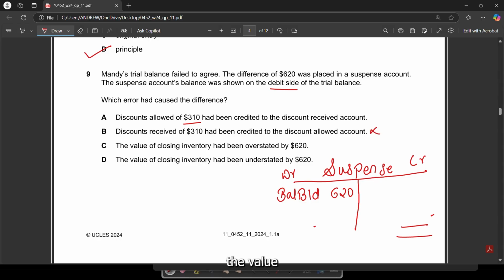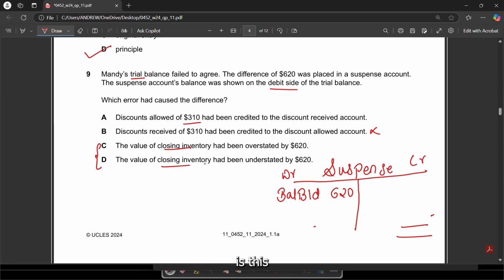C option, the value of closing inventory has been overstated by 620. Closing inventory, no, this is closing inventory. Always remember one thing, closing inventories never affect your trial balance, because the information on closing inventory is given in additional information.